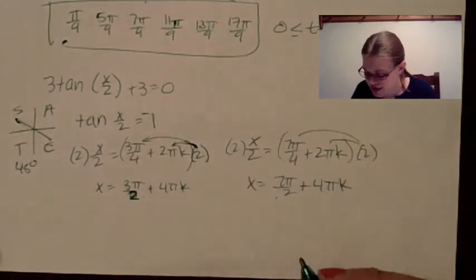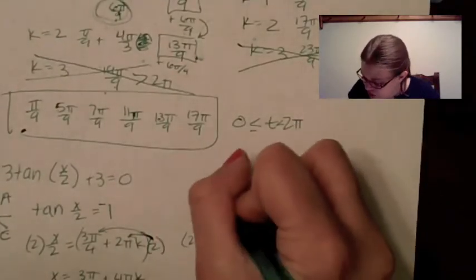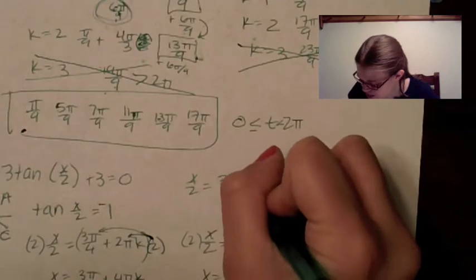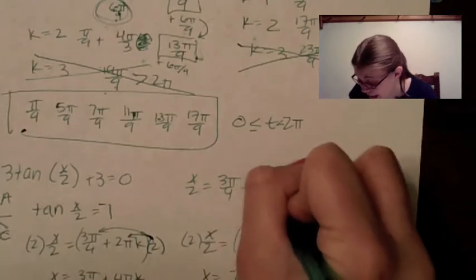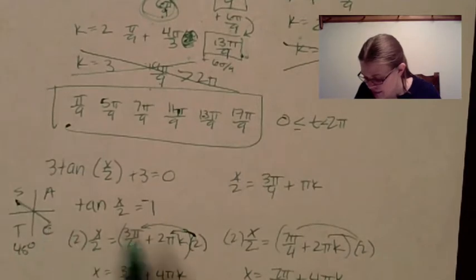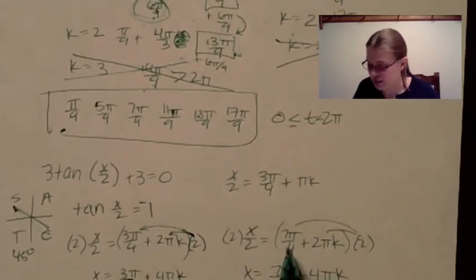So I'm going to have to write it up here. I could have x over 2 is equal to 3 pi fourths plus pi k, because if I add pi to 3 pi fourths, which is 4 pi fourths, then I get 7 pi fourths.